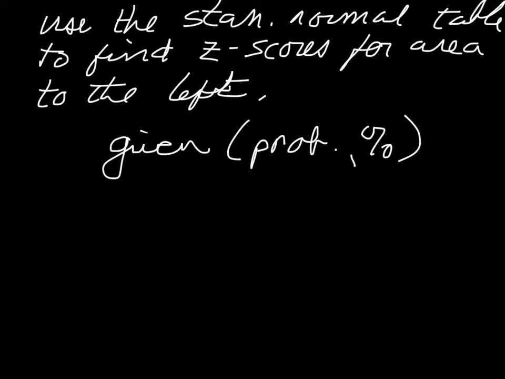This is really important when we do confidence intervals and hypothesis testing. It also helps us do some comparisons too. I'm going to set up a problem and then show you how to do it.